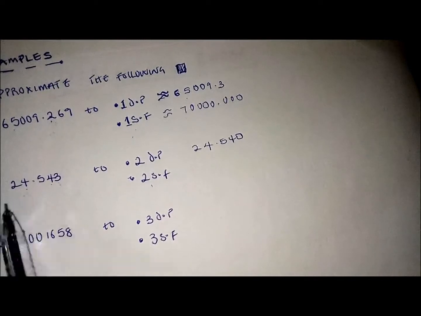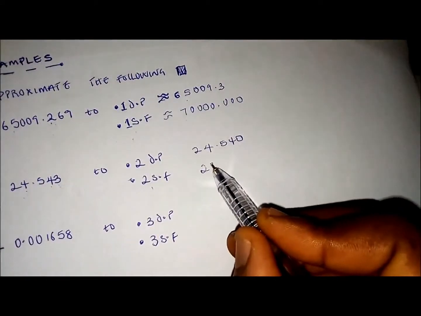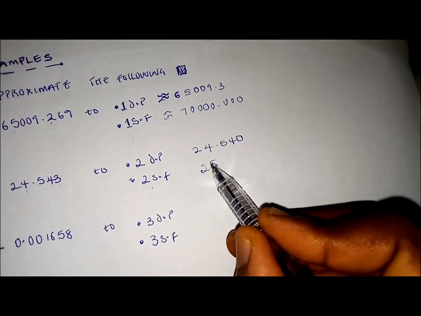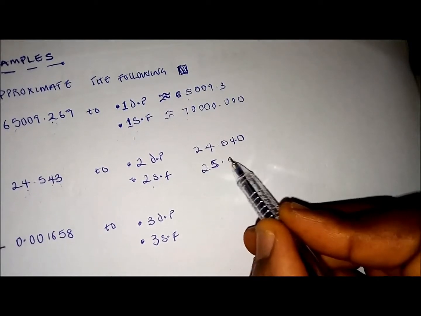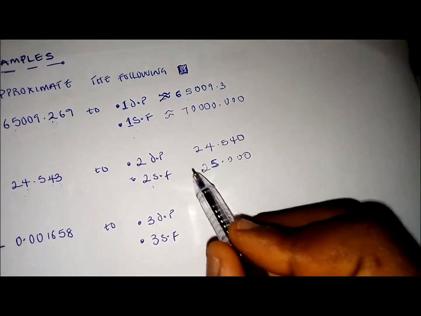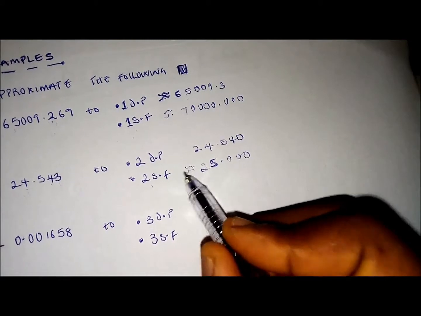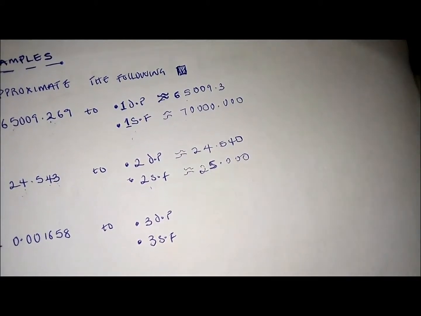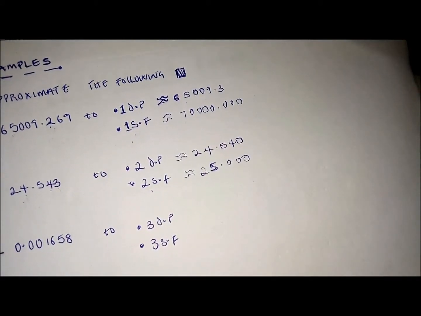And if we round up here, we get 25.000. So this is the approximated value.